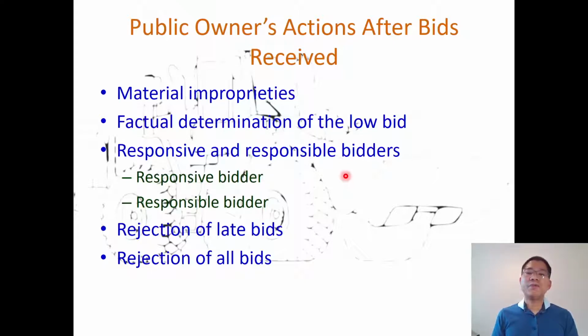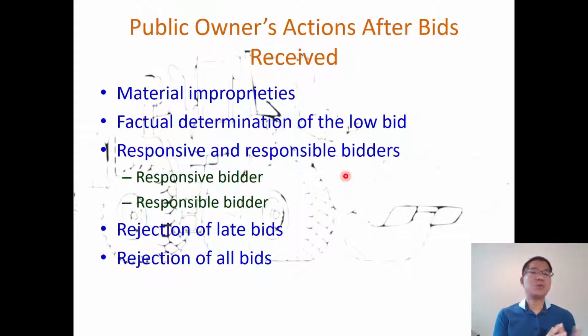For responsive, we refer to the bid itself. So whether the bidder responds to all the requirements from the instructions to bid issued by the owner. What are the requirements, what is the scope, what are the specifications, whether the bid complies, that we call responsive.